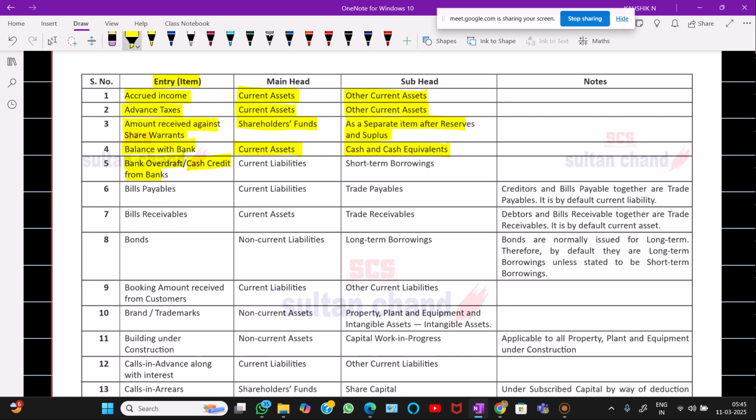That means to the business people, whoever is holding a current account in their bank, and if they have opted for it. Say for example, if I am a businessman and I don't have a current account, will I be able to get the bank overdraft facility? I am a businessman, I have not opened a current account. Will I be eligible to get bank overdraft from the bank?